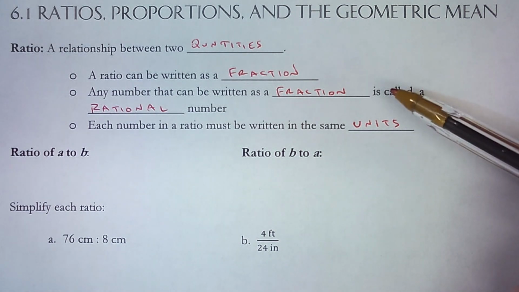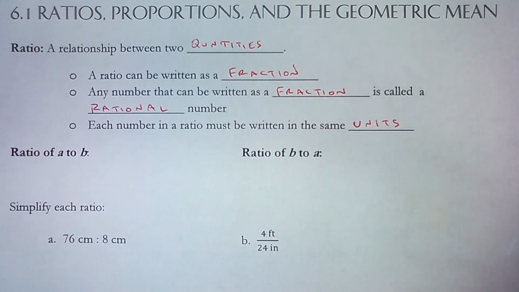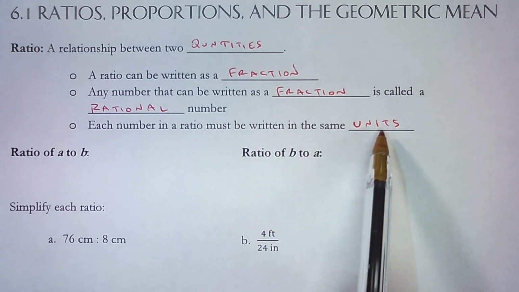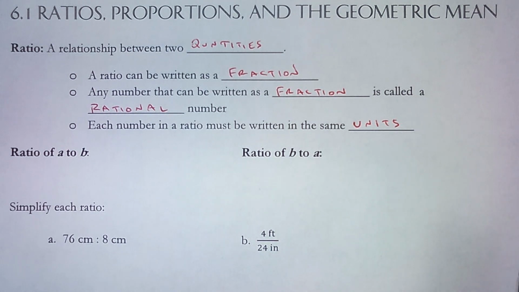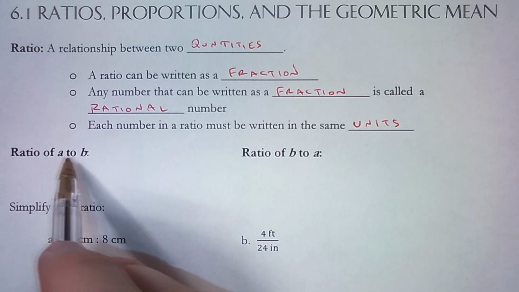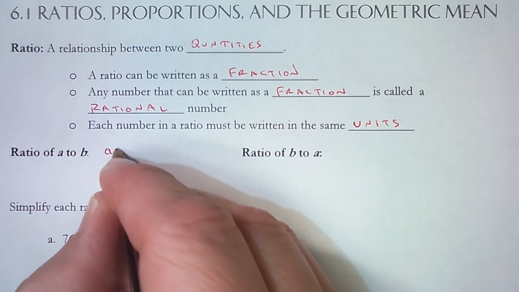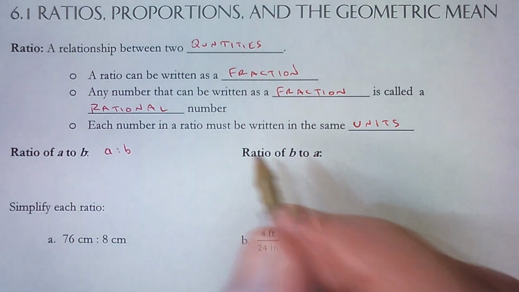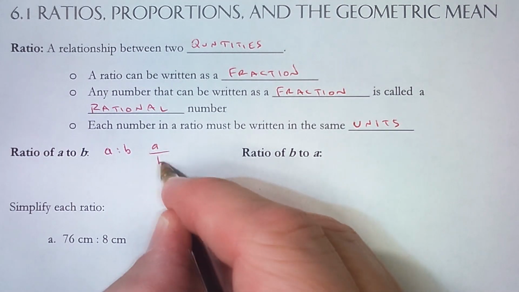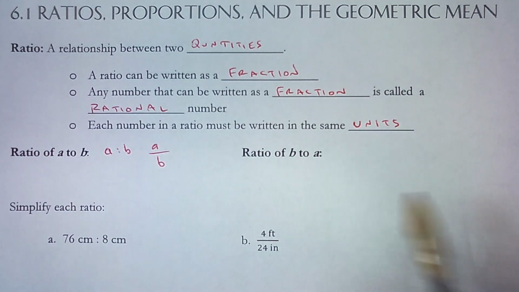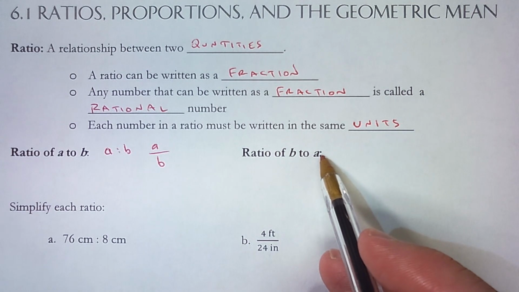So it could be measurements like feet over feet. It could be weights like pounds over pounds. If the units are different, then it's called a rate, and we'll use those later on. So a ratio of A to B can be written like this, A to B, or as a fraction, A over B. A ratio of B to A is different.